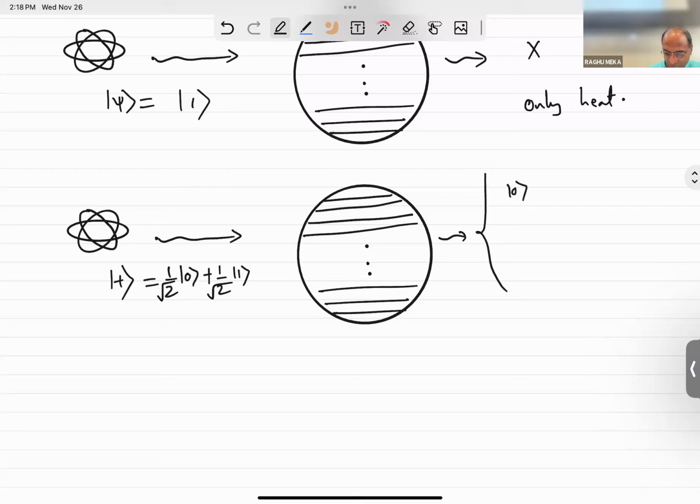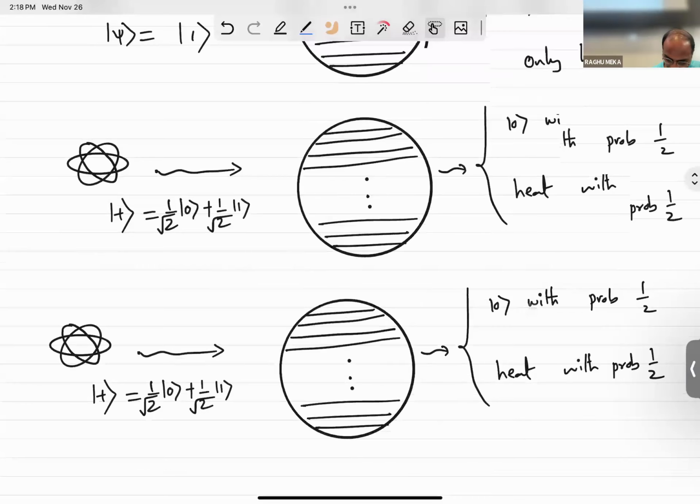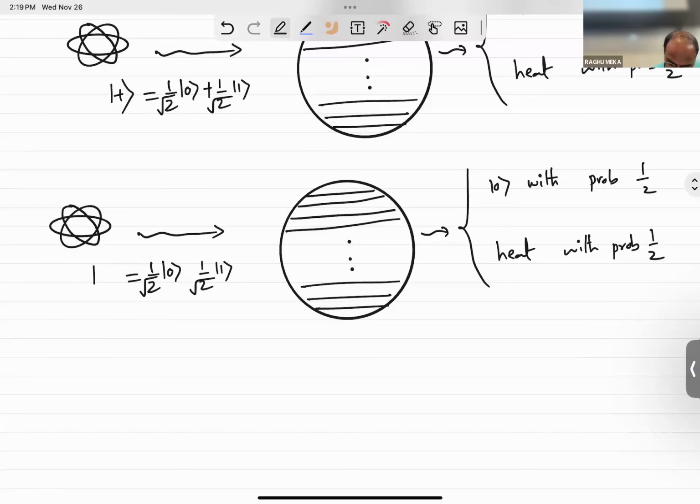I would get 0 with probability half, and I would get heat with probability a half. And the same way, if I do minus, I would get the exact same thing. It only depends on the square, not on whether it's 1 over square root 2 or minus 1 over square root 2. The outcome will look the same. Any questions about this?